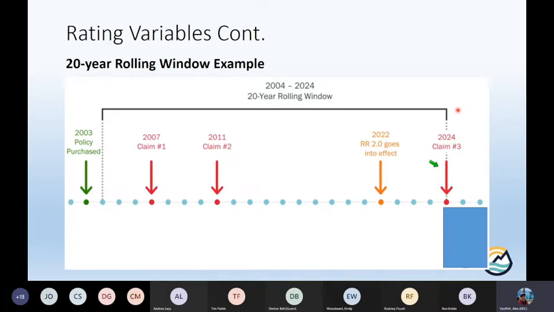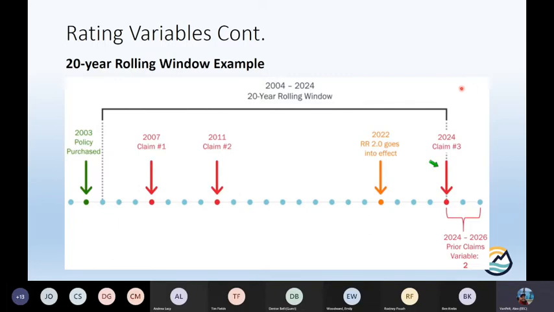So now going forward, any claims made in this 20-year period are going to be considered when they calculate your premium. With this, the first claim is excluded. So they give you one free pass essentially in this 20-year period. So there are 3 claims, and in this example, only 2 would be considered against you whenever your premium is calculated.